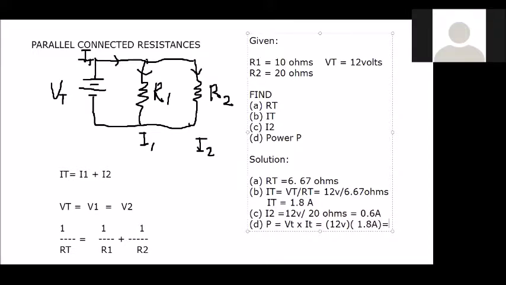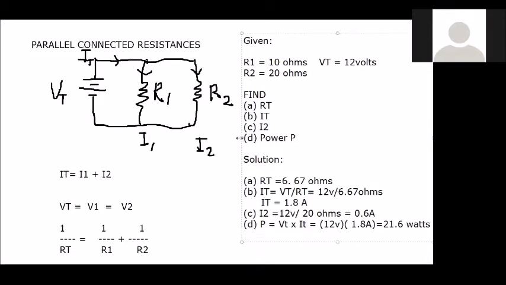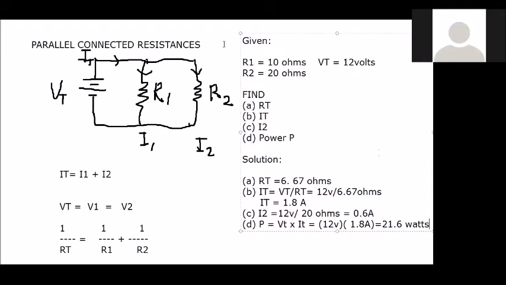So 12 times 1.8 gives you 21.6 watts. So these are the values of our parallel connected resistance.